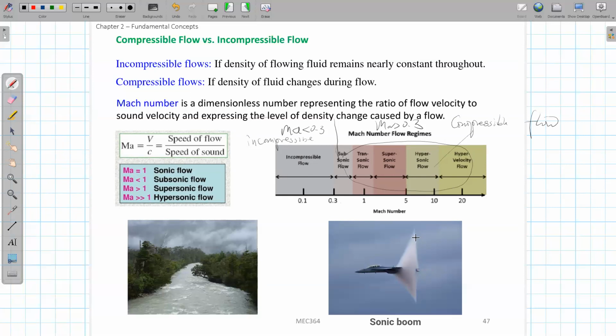This is due to the compression of the air, the abrupt density change inside this area of the air. So this kind of term is usually used in aerodynamics, especially for compressible flow, which is usually related to high speed flow, large Mach number flow.